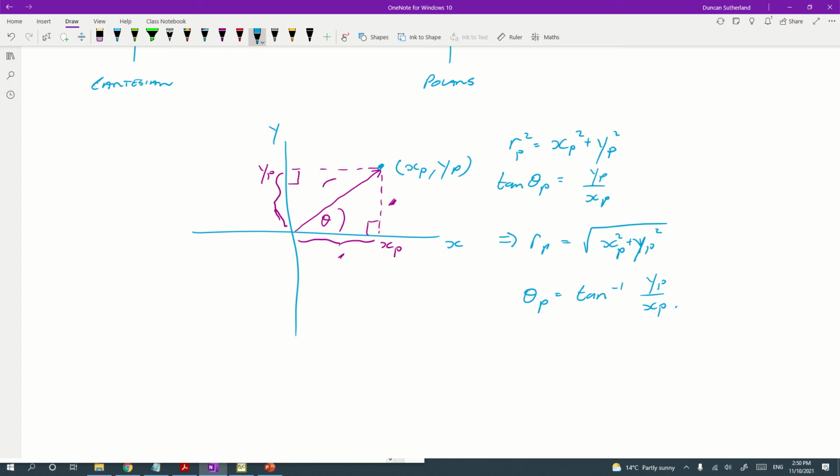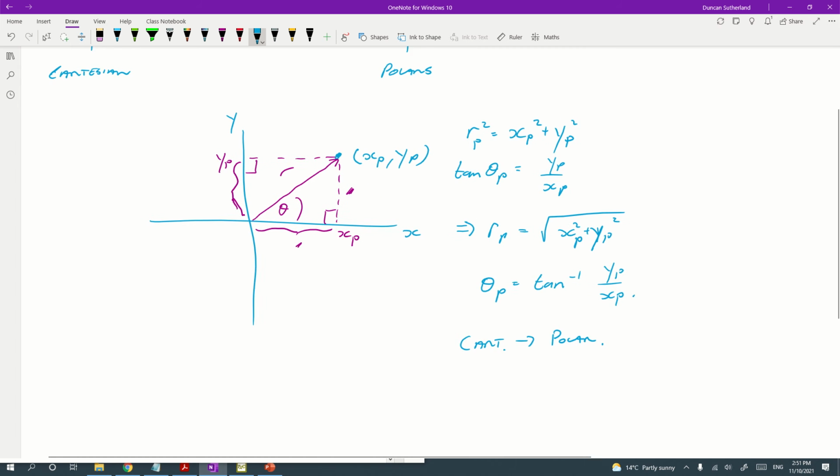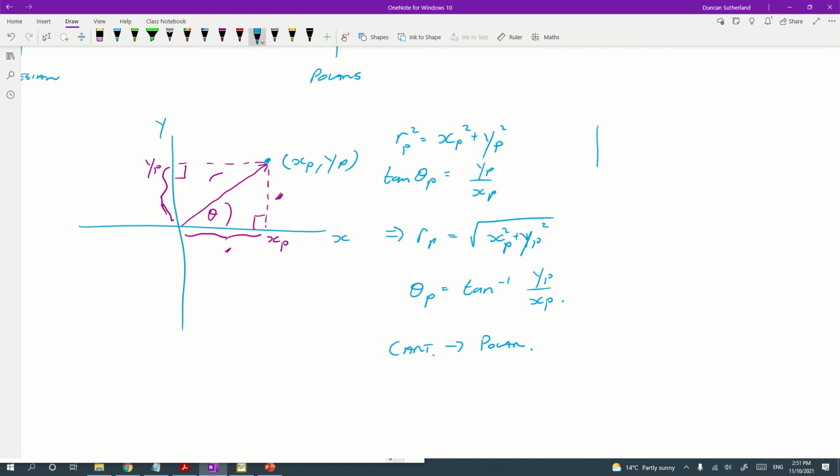What we also have from this is a couple of relations for x and y in terms of r and theta. So if you like, this tells us r and theta from Cartesians, a Cartesian to polar transform. Now, using the same trig identities, you will notice that this distance here, that's r sine theta.